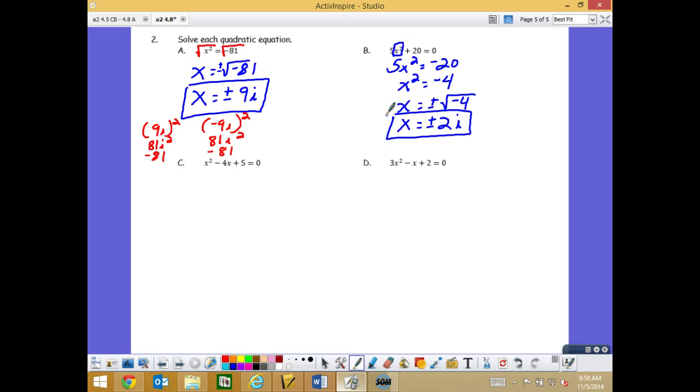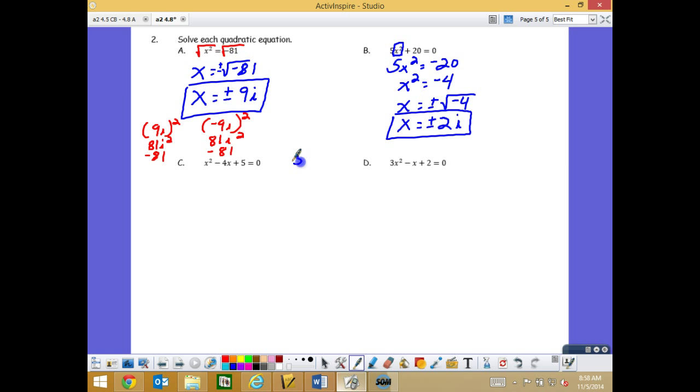Alright, then for C and D, these are ones where now we have a b value or an x term. So we're going to look at either factoring, completing the square, or the quadratic formula. Now in this case, in C, there are no factors of positive 5 that add up to negative 4.